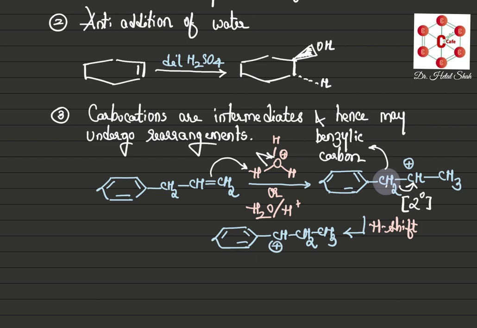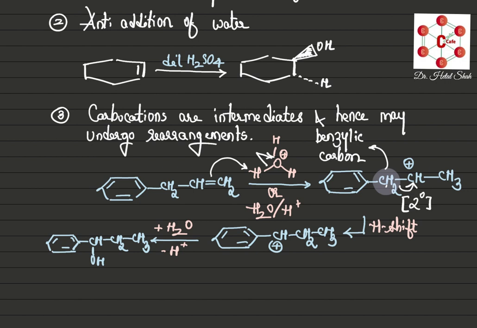And now, what is the last step? I am adding water, so plus H2O. And after water gets added, I have to remove minus H plus. So in the end, I would get my benzene ring, CHOH, CH2 and CH3.